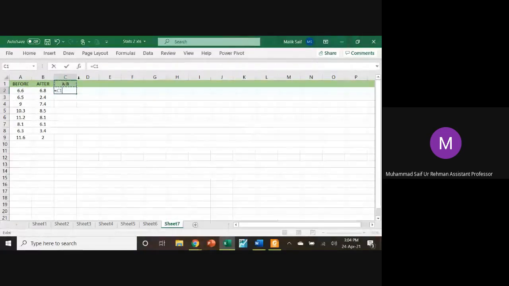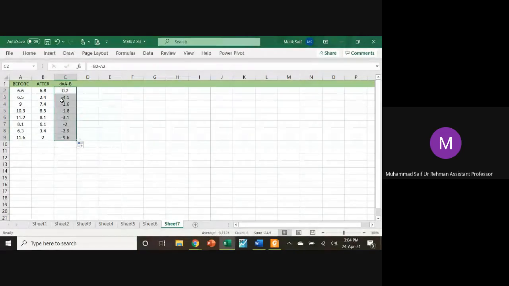Sorry, I have to take this value after minus before. This is the answer. So this is basically your D, the difference. So drag it down. You have generated this series, the difference series.